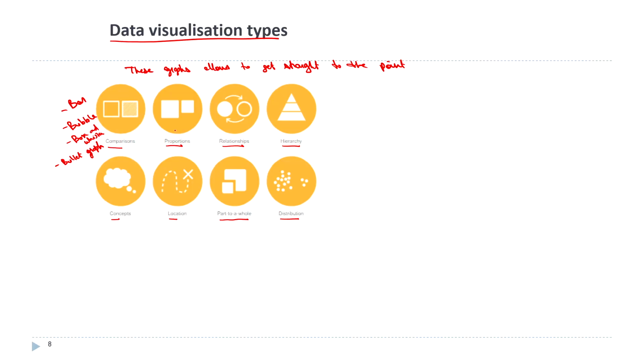So, these are certain charts. Then we have proportions. Proportions could be comparisons again in one way. It is a visualization method that uses size or area to show differences or similarities between different values or parts to a whole system. The bubble plot is also one that shows proportion. Then we have a word cloud that shows proportion.